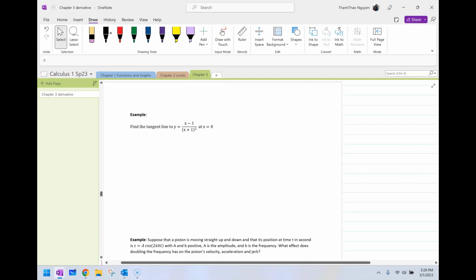Let's find the tangent line to the equation y equals (1 minus x) divided by (1 plus x) squared at x equals 0. So in order to find the tangent line, we need to find the slope.